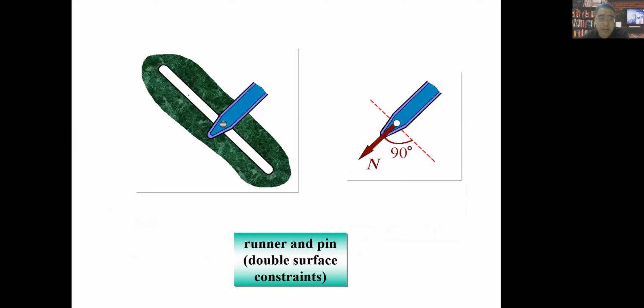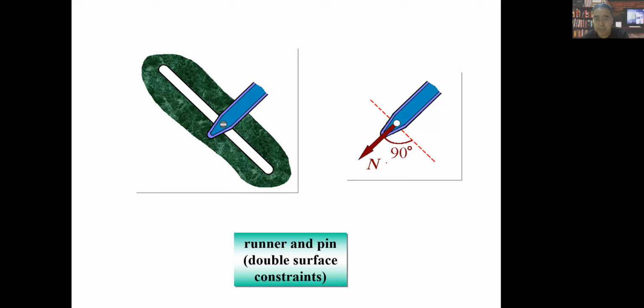There is no other constraint to prevent its movement along this direction, right? So it's more like the 滚动支撑 we just talked about. But if this body tries to move along this normal line, which is perpendicular to this slot, then this direction of movement will be prevented, will be constrained, will be restricted.